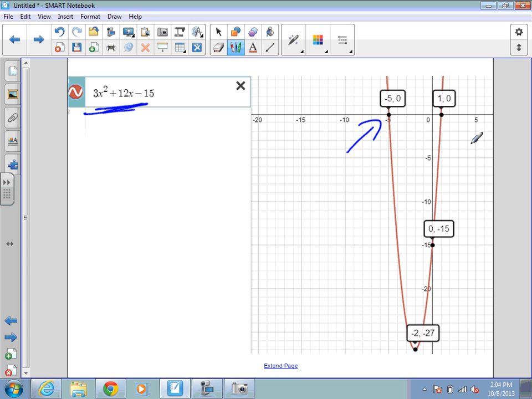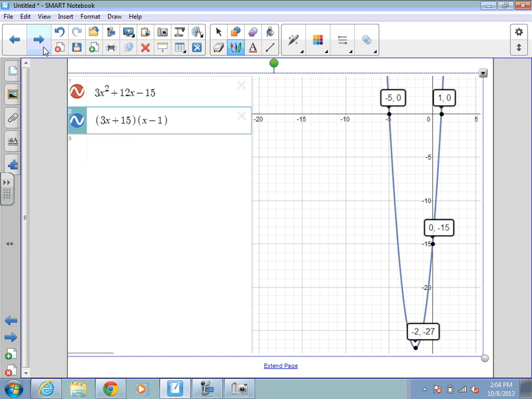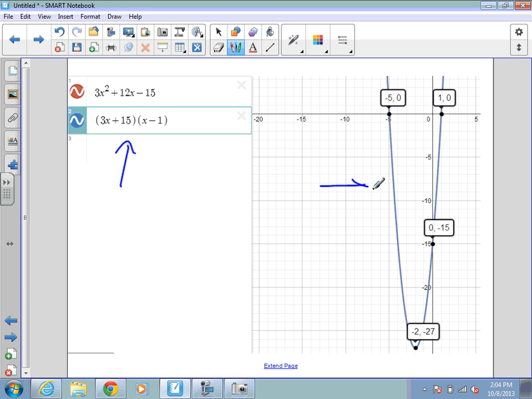In the next graph I'm going to show you, this one's red. When you look at your notes, it'll be red. Here's the factored form. It's the exact same parabola because the factored and standard form are representing the exact same thing. The X-intercepts are the same, the Y-intercept is the same, the vertex is the same. We just represent it differently. So both of these are equal. They represent the exact same thing. Okay? So let's quickly take a look at what we did.